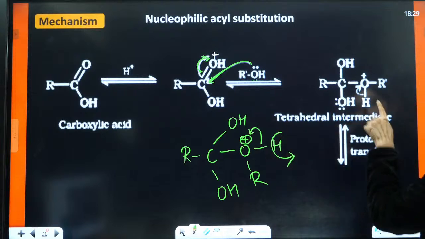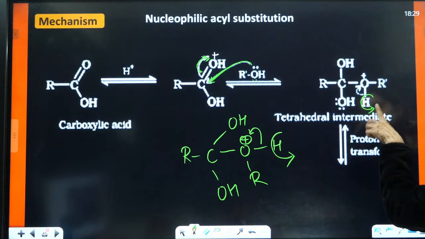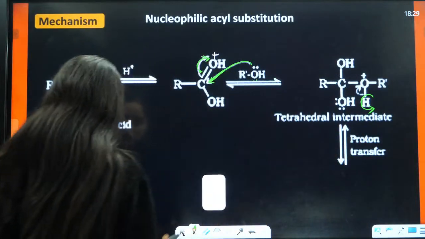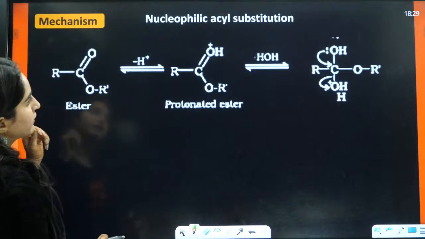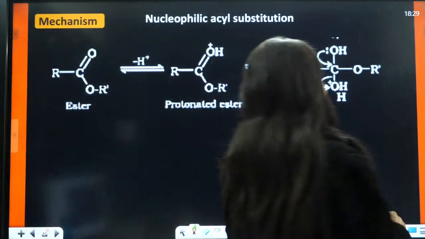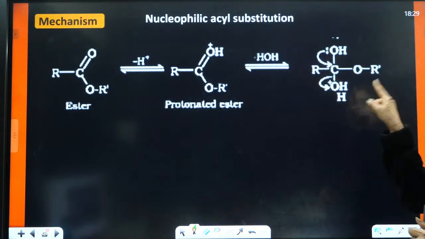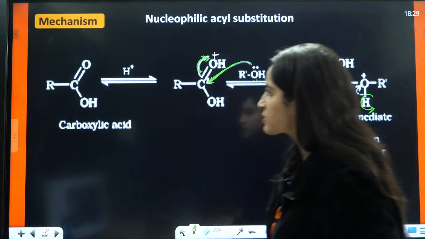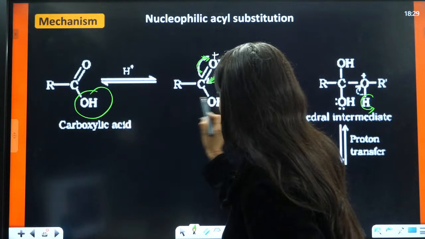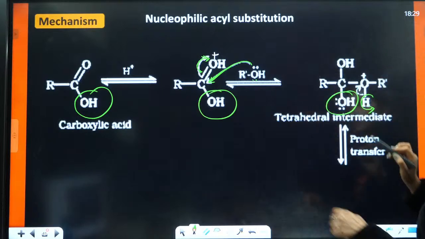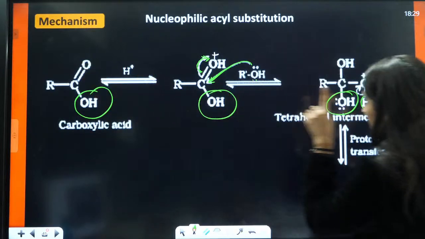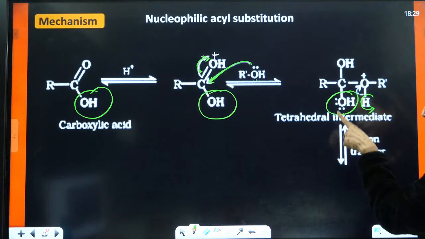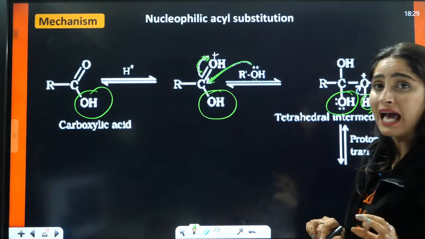This hydrogen is transferred internally, wait a minute, to this side, right? It is transferred internally to this oxygen. And do you remember this was the oxygen? Which oxygen? This OH. I am saying the OH of the carboxylic acid. This hydrogen is going to internally transfer onto the OH of the carboxylic acid, right?